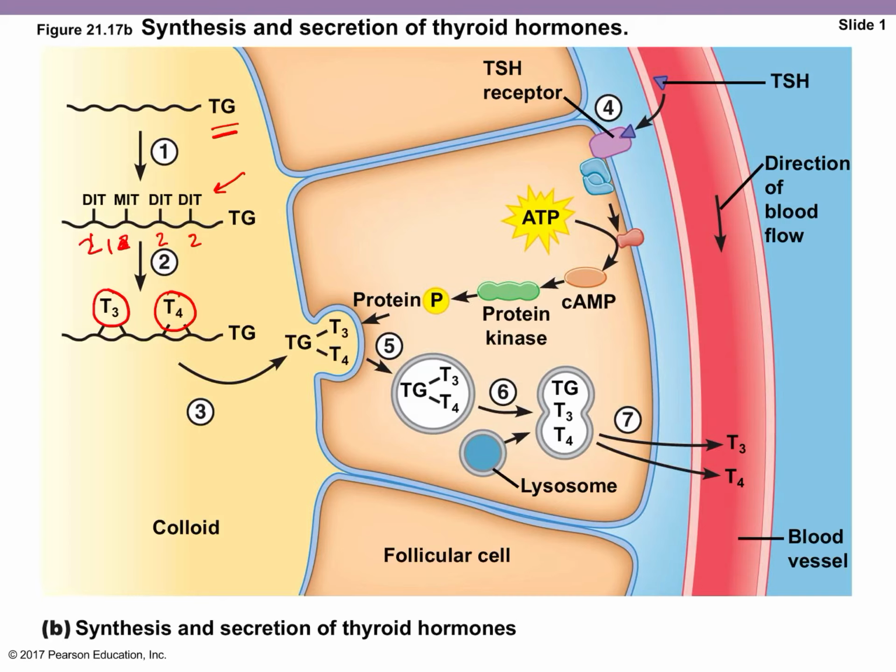So when does it get secreted? By thyroid stimulating hormone, right? Thyroid stimulating hormone is coming from your anterior pituitary gland. It comes in the bloodstream and binds to a thyroid stimulating hormone receptor.